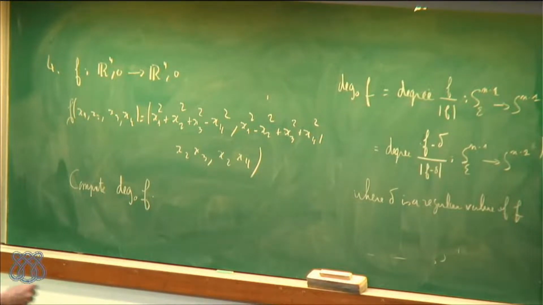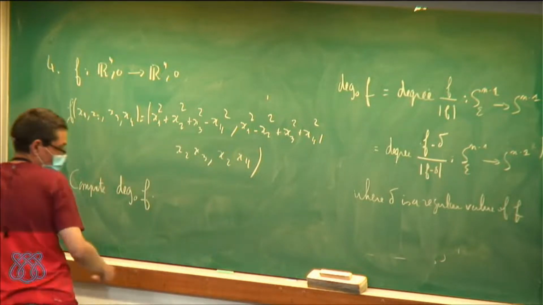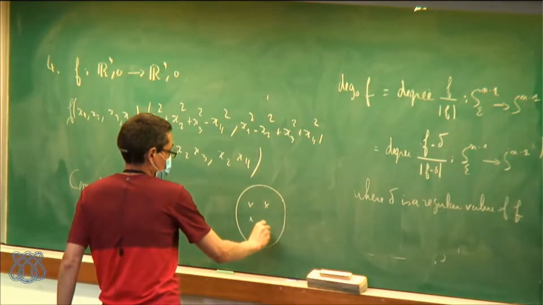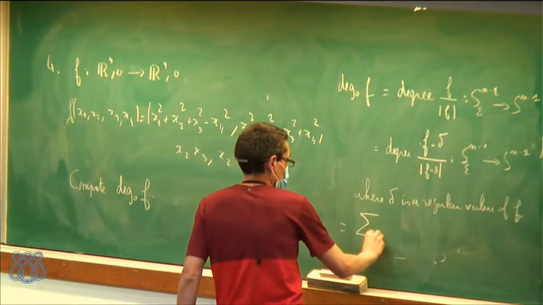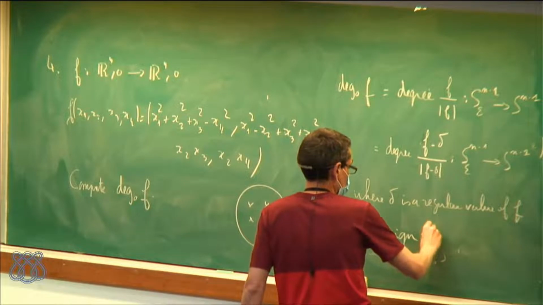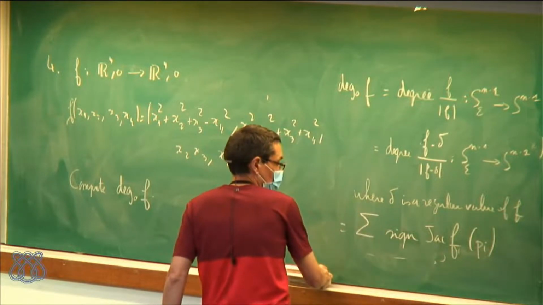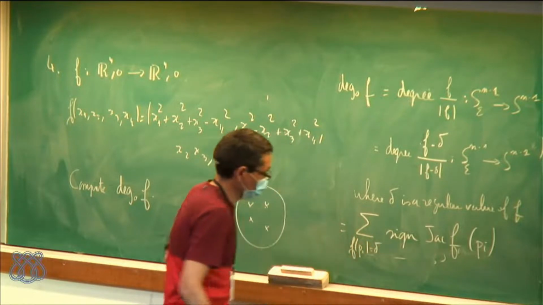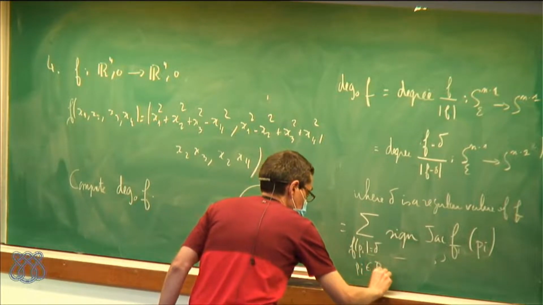Here we are in this situation, and we have non-degenerate zeros. So this is the sum of the signs of the Jacobian at the points pi, where the pi are the inverse images of delta, and the pi are in the open ball.